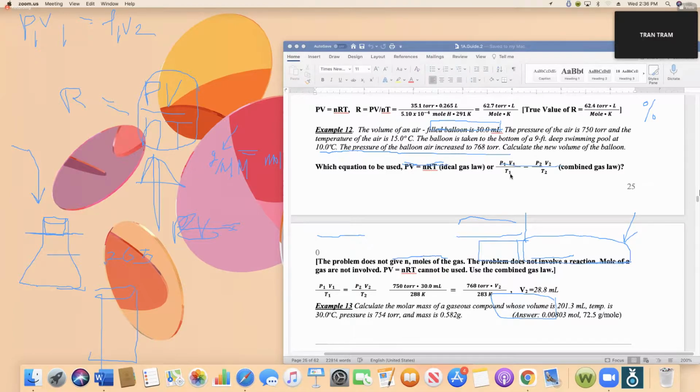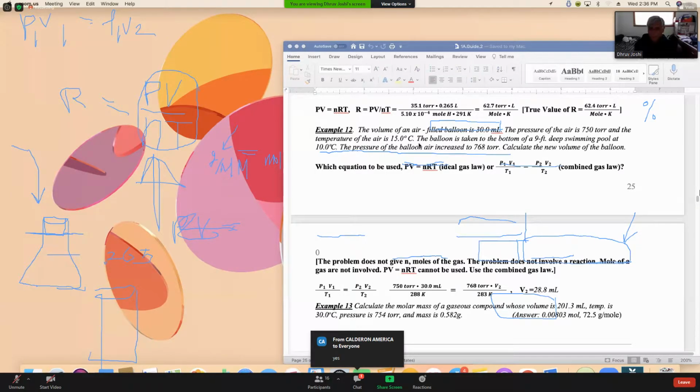Temperature 1, initial temperature. Good. And what was that? 15. So 15 degrees, that's the initial temperature. Oh, so you have to convert it from Celsius to Kelvin. Yes, always. Okay. Always. Very good. Thank you. Got it.